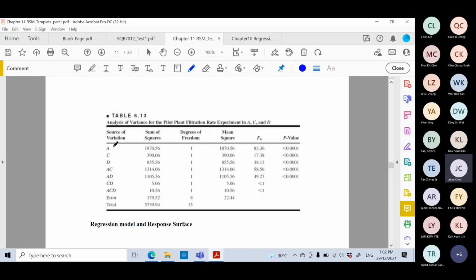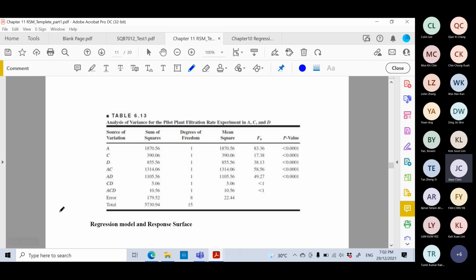We just concentrate on these particular factors here. We retain these factors, and the rest of them go to the error. As I mentioned just now, another option is to draw the normal probability plot for the effects and identify which one is the important factor. Or you assume that certain high-order interactions are not significant. That one is quite subjective. You may have different answers.